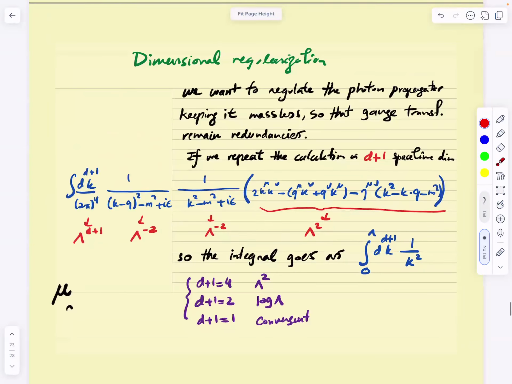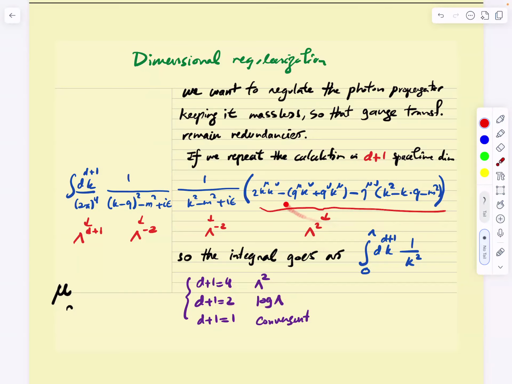All right. Let's dimensionally regularize this. This diverges like lambda squared, naively, in 4 dimensions.